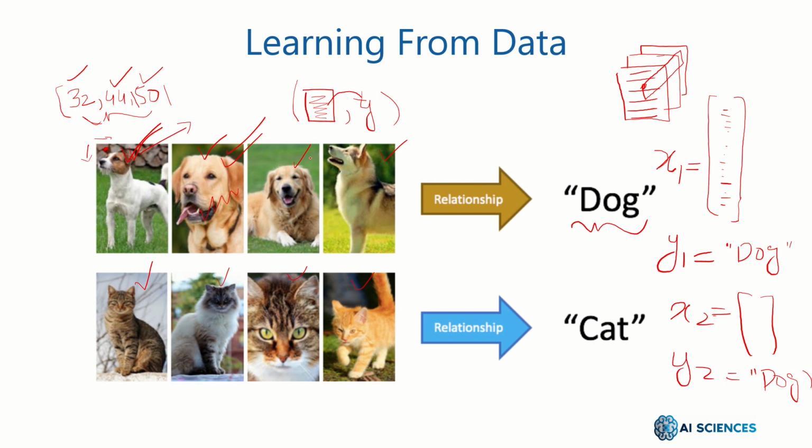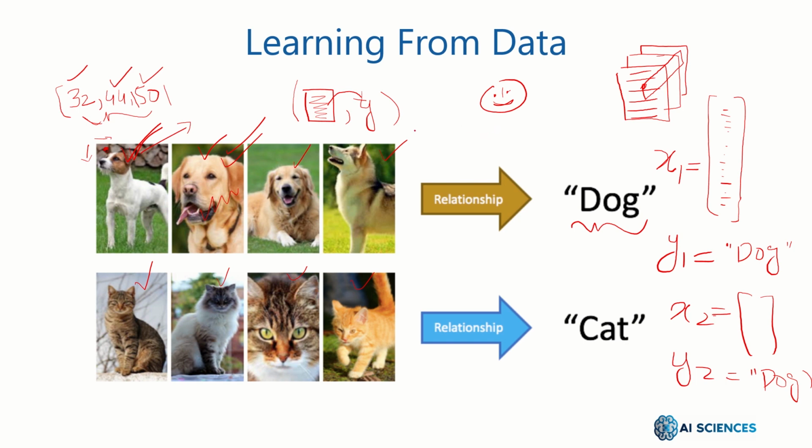But this is just to give you that data actually is required. For example, if you want to teach a kid about this particular object, what will you do? You will somehow show this image to the kid, and then maybe speak and say it's a dog.